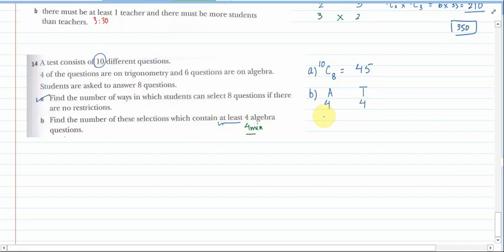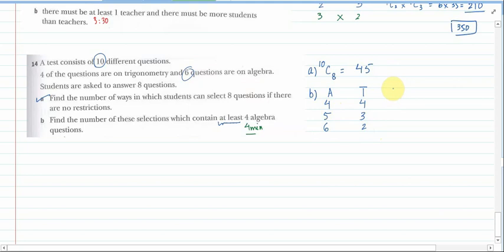After that, if a student picks 5 algebra questions, then from trigonometry 3 questions should be picked. If a student selects 6 algebra questions, then 2 questions from the topic trigonometry, right? Now how many algebra questions are there? Total 6.